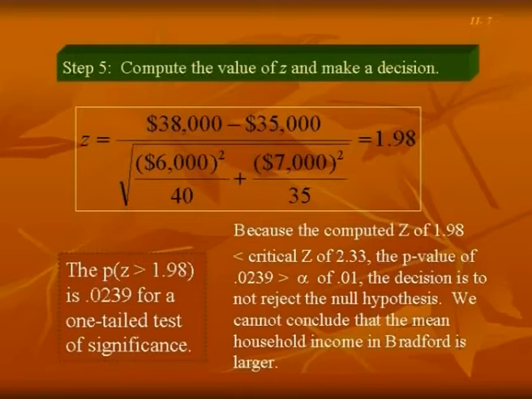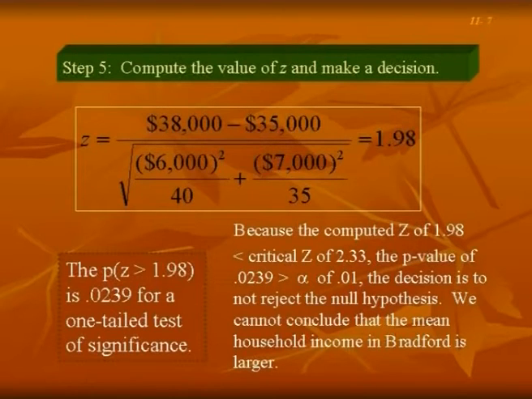This is the numerical example. In the last example, we have 38,000 as the sample mean of the first population and 35,000 as the sample mean of the second population, and in the denominator we use the variances of both populations, and ultimately the value of Z is 1.98.